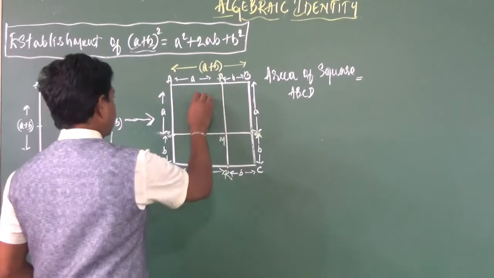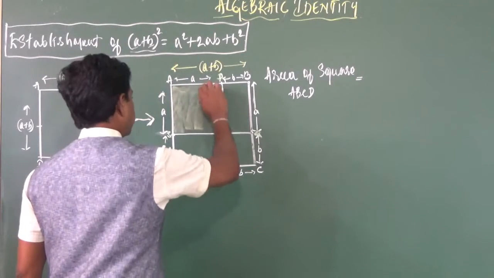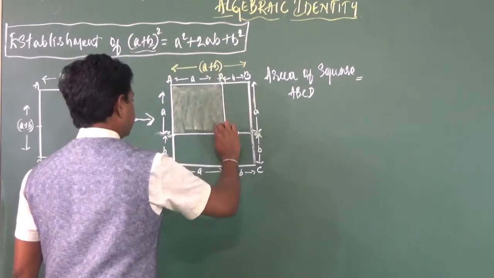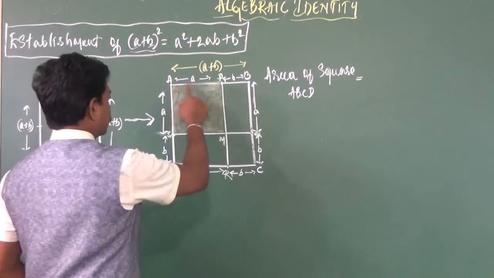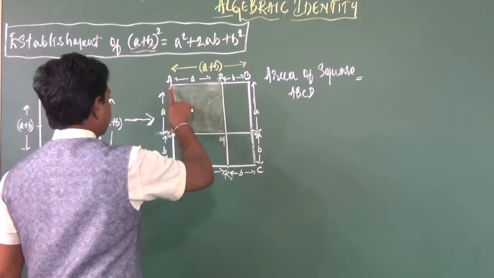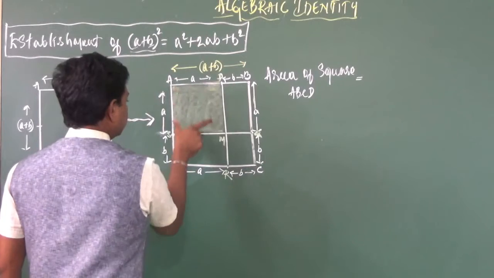So this area we can consider, this is the area we have taken here, right? So this is the square here, because this A is equal to this A. So this length is equal to this length.